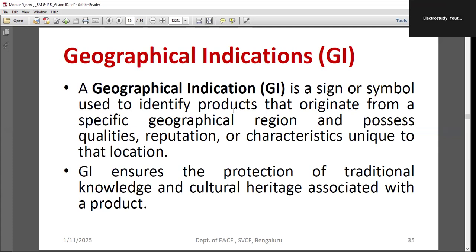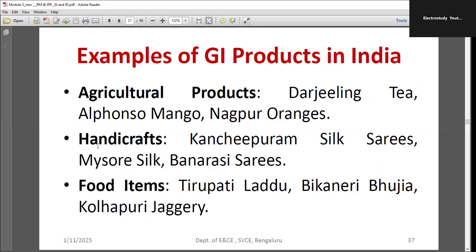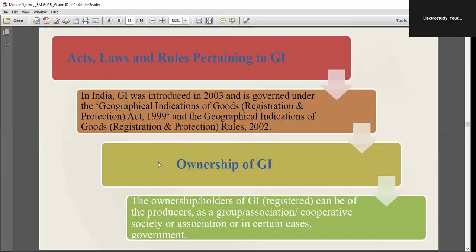Those are the most important things related to GI. So you are supposed to explain the features related to origin, quality, and reputation. It's available only in that particular place where the high quality is given. Motichur Laddu, then Mysore Pak, non-transferable. Examples I have also mentioned related to agricultural products, handicrafts, food items.